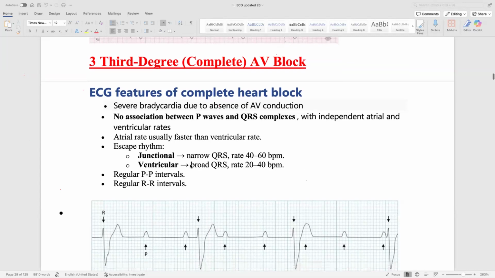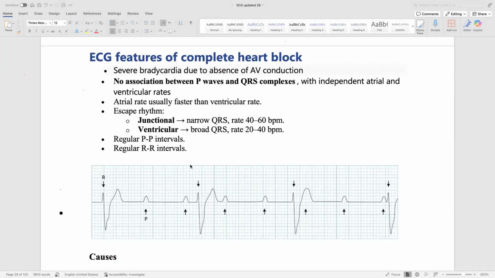Okay? So there is dissociation. Yes, no relation between the P wave and the R wave. But the P wave is regular, the R wave is regular and constant.